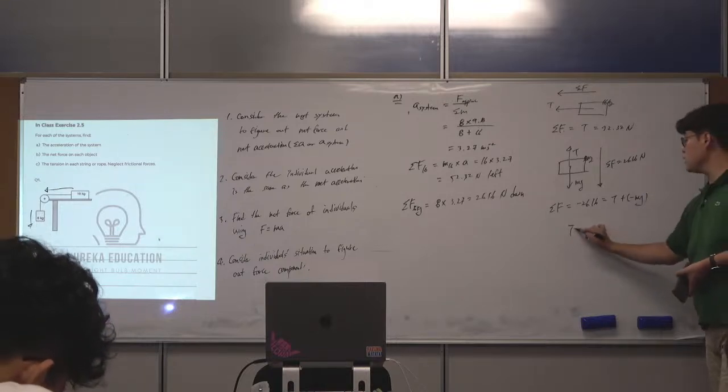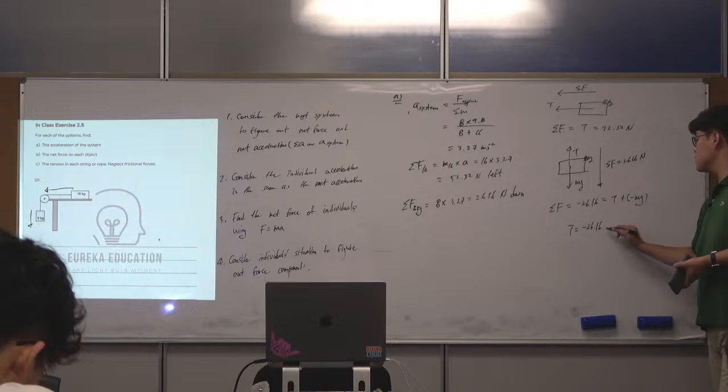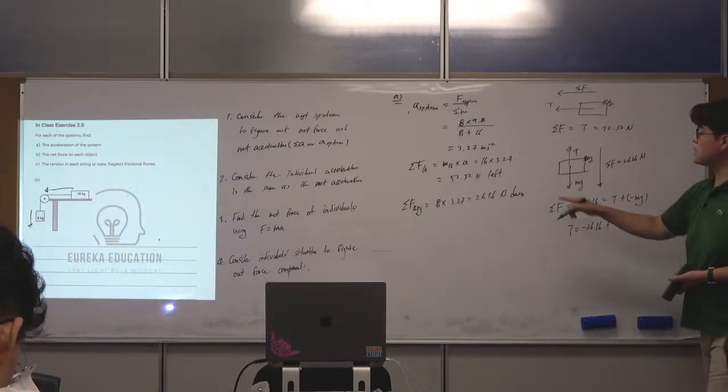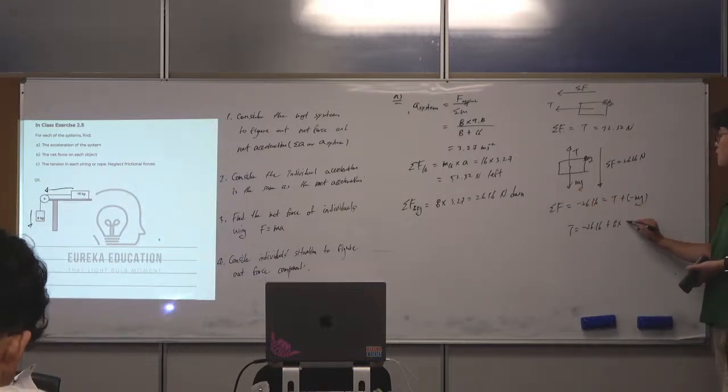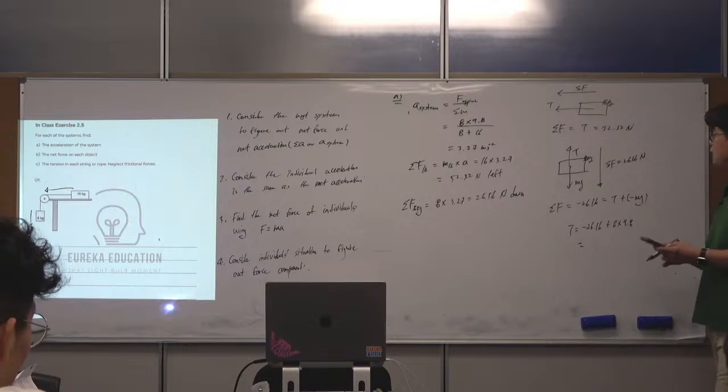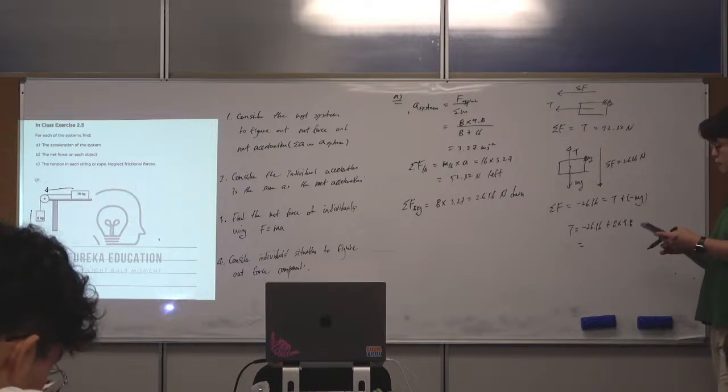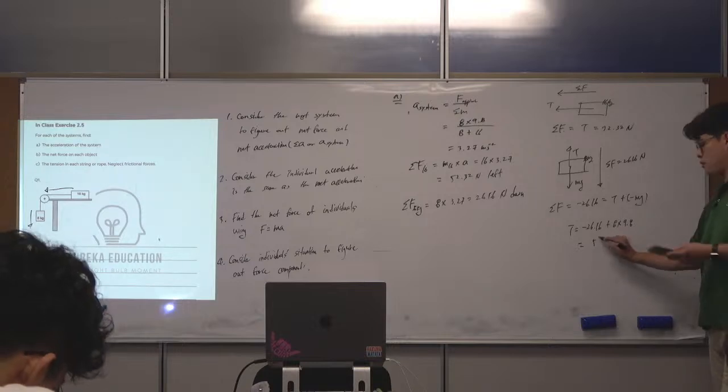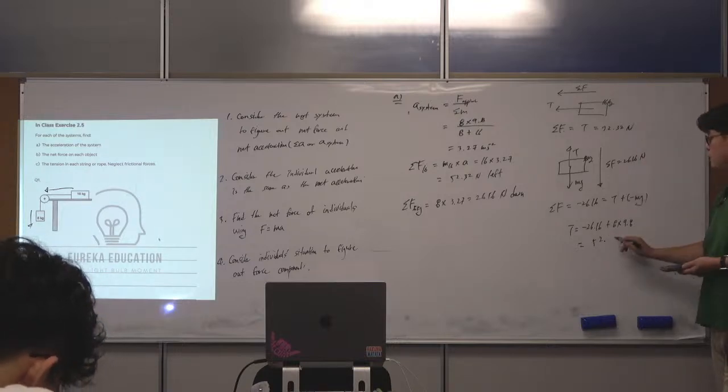So T equals minus 26.16 plus the mass, 8, times 9.8. So 8 times 9.8 minus 26.16, surely we get 52.24, the same value.